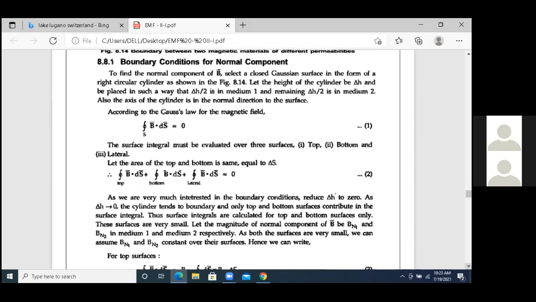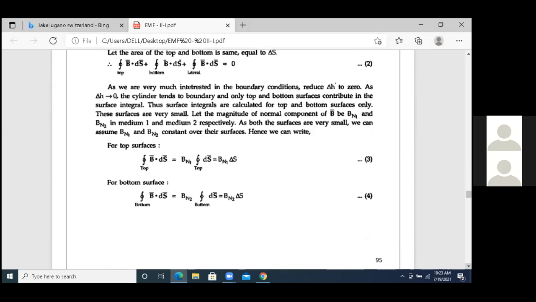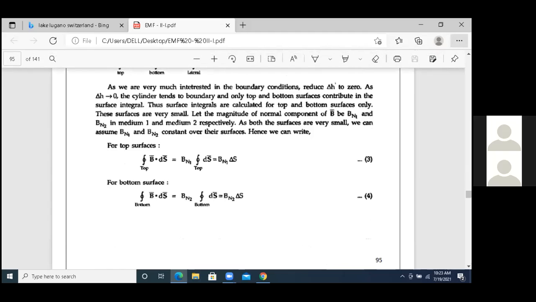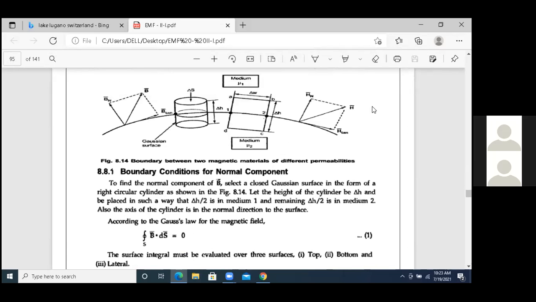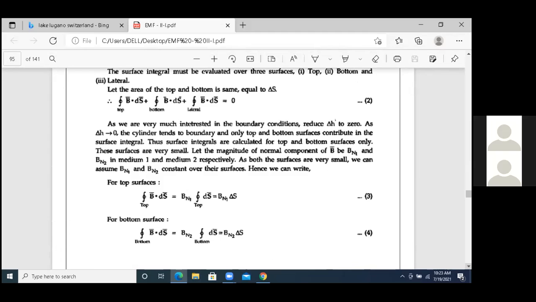But we are very much interested in the boundary. So we're going to shrink this cylinder. We're going to squeeze this pillbox equally on both sides. Now, as we squeeze it towards the interface between medium 1 and medium 2, that means delta H goes to 0.